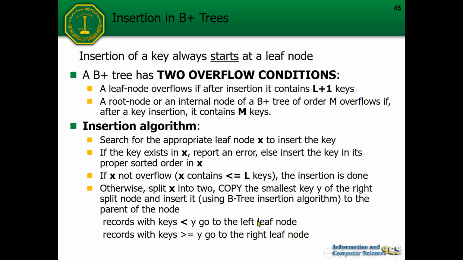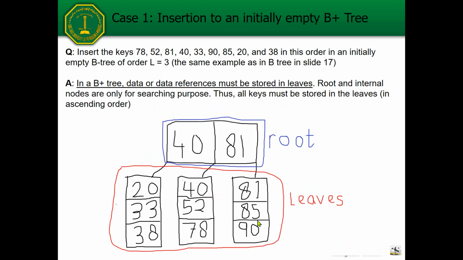Okay, now to see the detail of the insert algorithm, maybe it will be better if we just discuss some examples. As the first case, you can see that this slide is not from the original slides. This is some additional material that I made, only to draw some connection with the B tree insert algorithm when the initial B plus tree is actually empty.